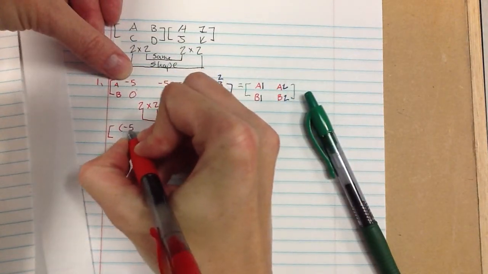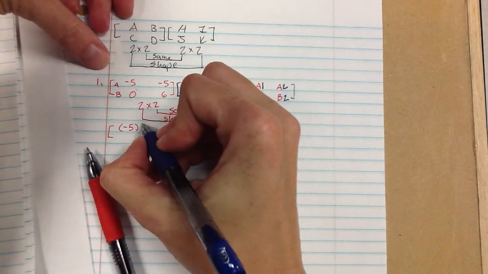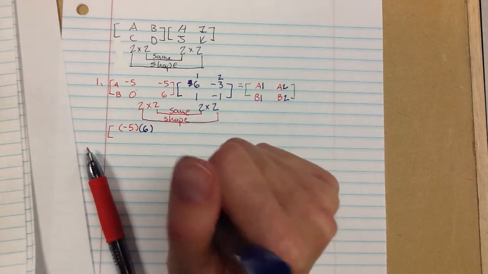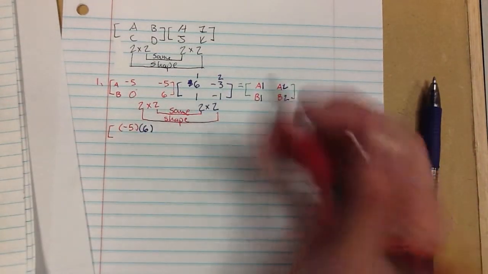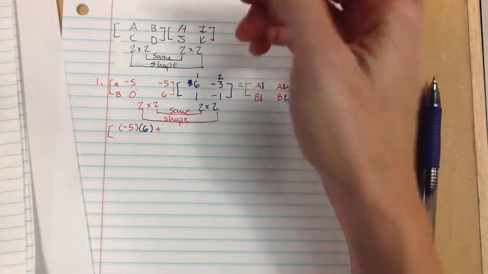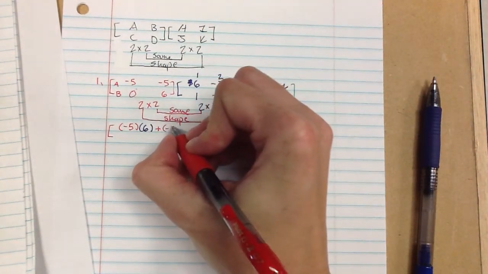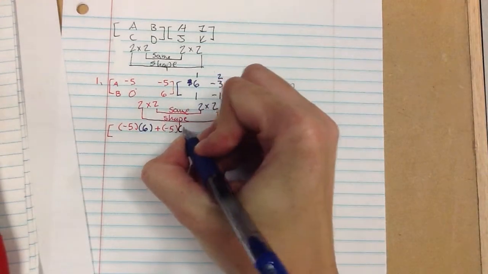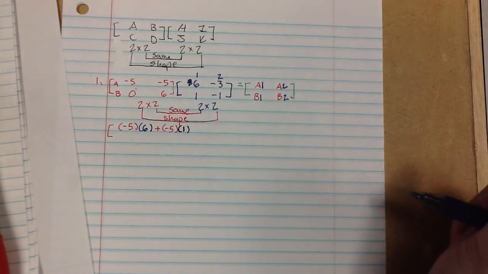So, I have negative 5 times 6. But that's not everything in A1. There's another set of numbers we have to deal with. That's the first stuff in A1. To that, I have to add the second stuff in A1. So negative 5 and 1. So that's everything in A1.